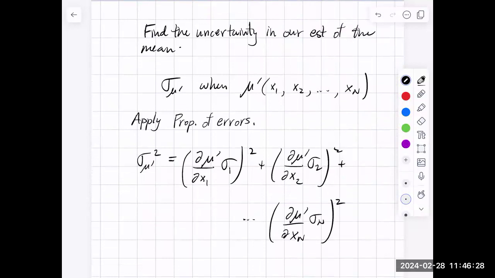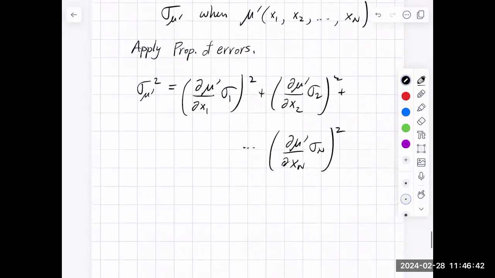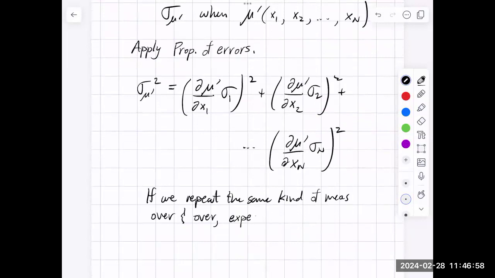We could say, well, if I took n measurements of the same quantity using the same method over and over again, I would expect all of the individual uncertainties to be the same. So if we repeat the same kind of measurement over and over, we expect sigma 1 is equal to sigma 2 is equal to sigma n, and we'll just call all of that sigma.